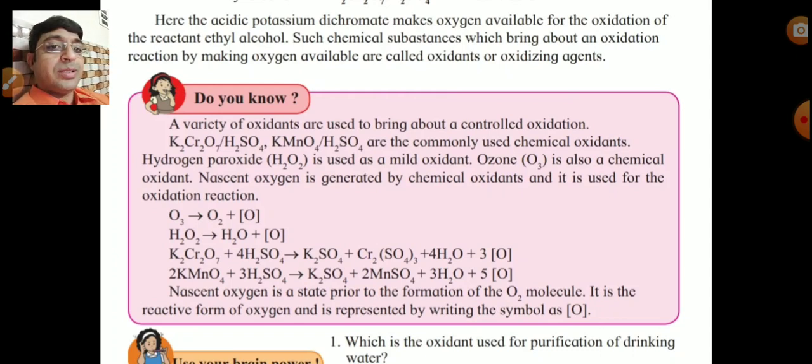You underline these two examples. One more example, hydrogen peroxide. What is the formula? H2O2 is used as a mild oxidant. Underline there, mild oxidant. Another example given, ozone, formula O3, is also a chemical oxidant.